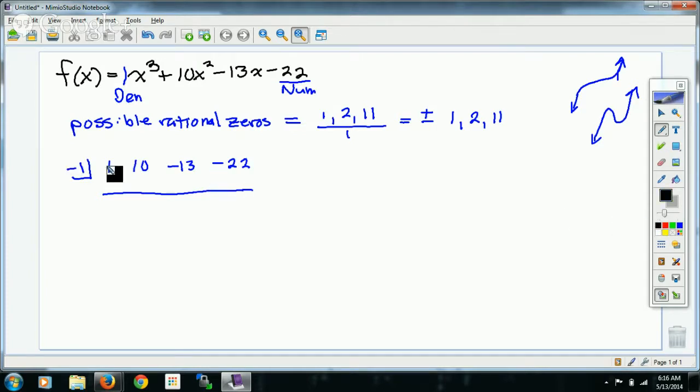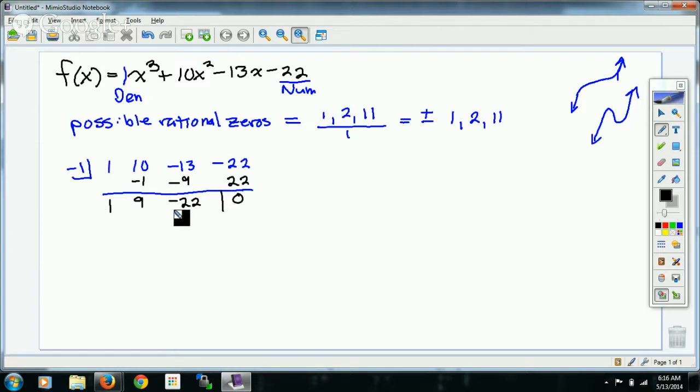So let's see, always bring down the leading term. -1 times 1 is -1. Gives me a 9. -1 times 9 is -9. Those add up to what? How about -22? Times -1 is +22, which gives me a 0 remainder.